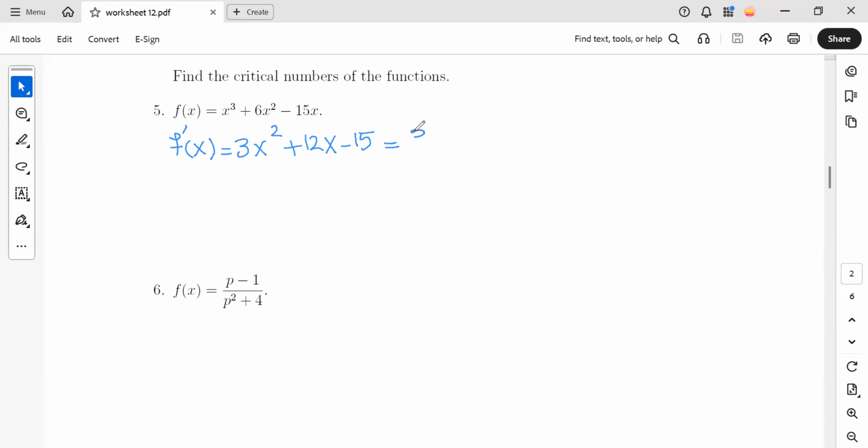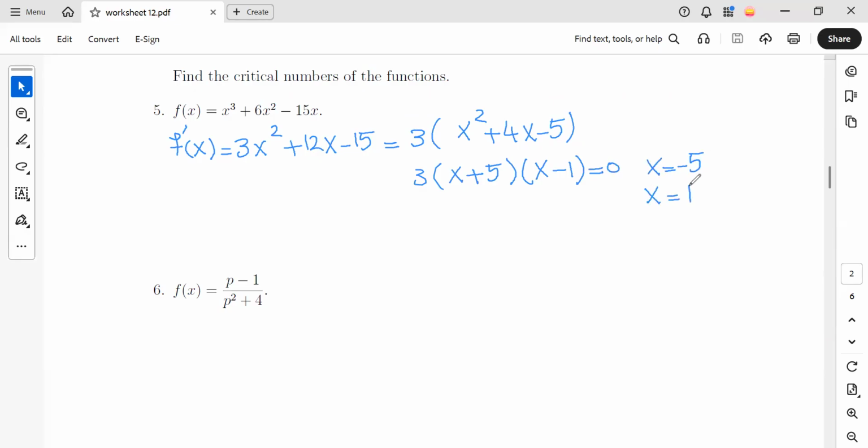We can factor out 3. We're left with x squared plus 4x minus 5. And we can rewrite it as x plus 5 times x minus 1 equals 0. So x is either negative 5 or 1. So these are two critical numbers.